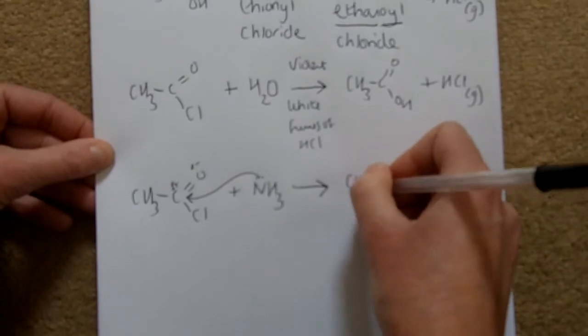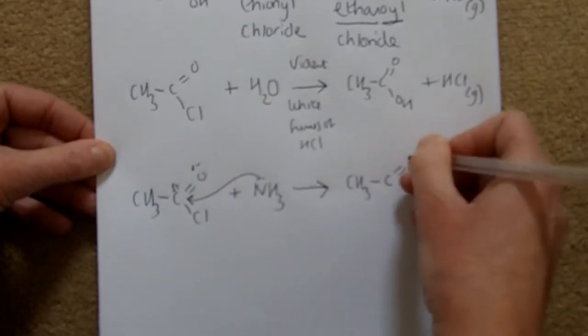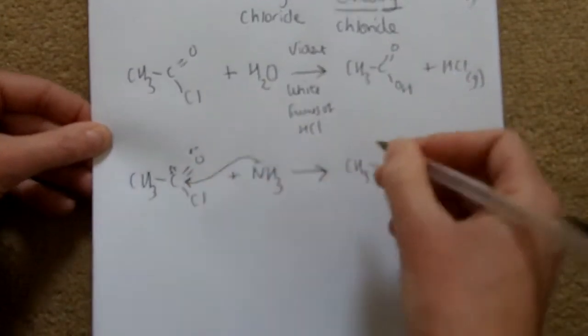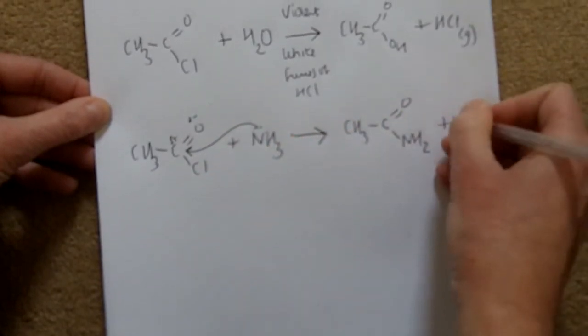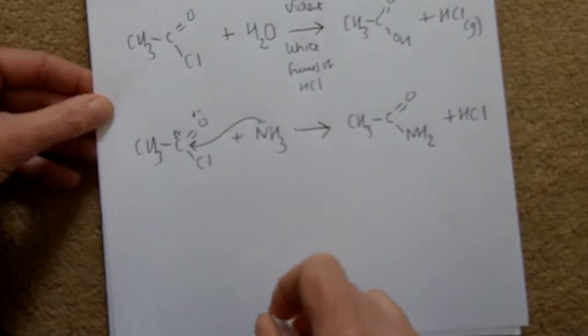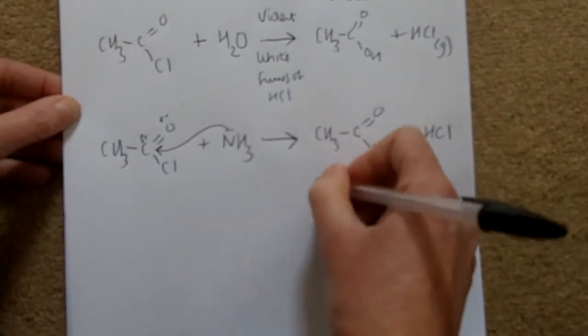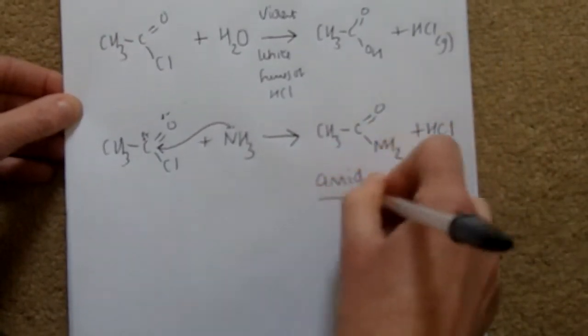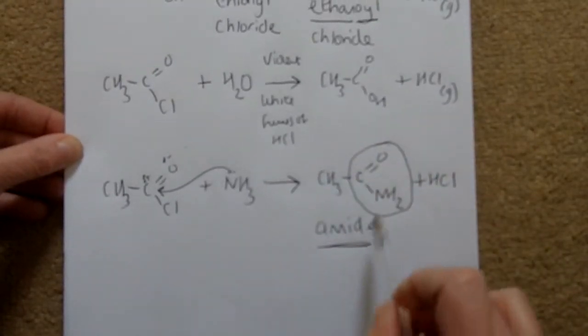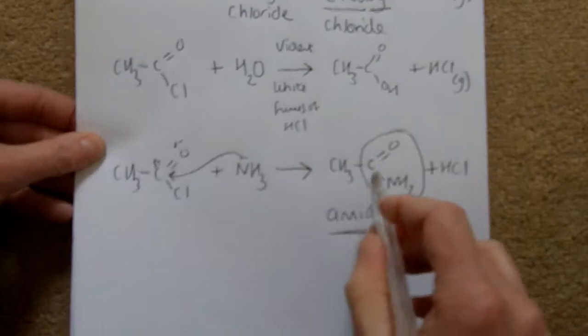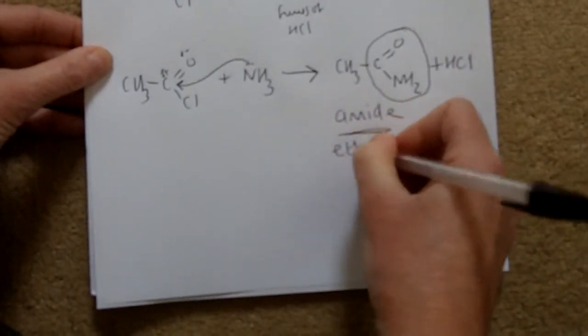The N will come in and kick out the Cl, with HCl as the leaving group, and you end up with a functional group called an amide. This particular molecule will be called ethanamide.